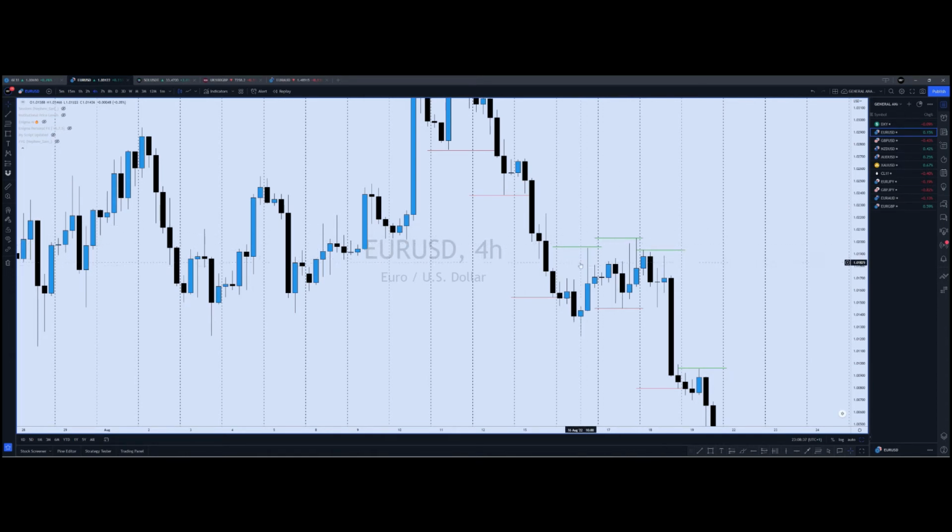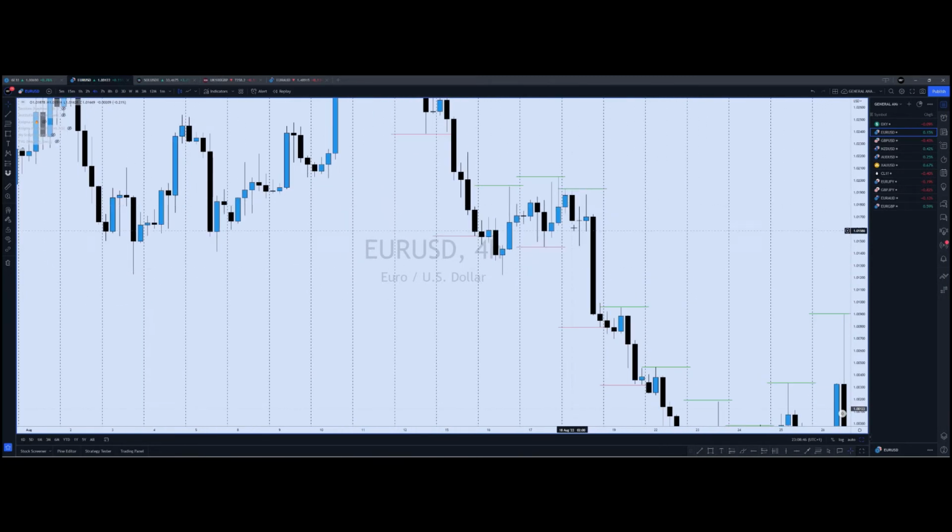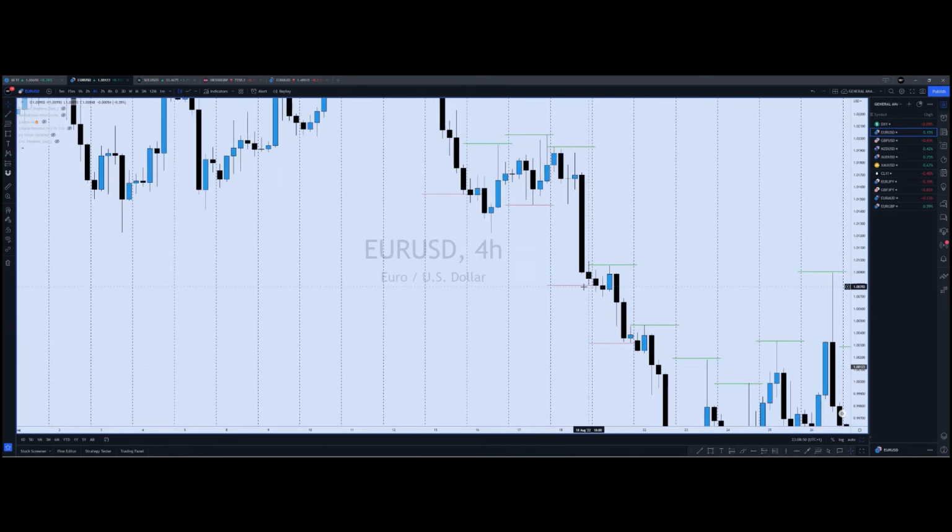So I don't want to switch to the daily. But if you switch to the daily, if you look at this example here, definitely this candle did not close above that high, so you wouldn't expect higher prices, you will still expect lower prices. So that's what we got here.